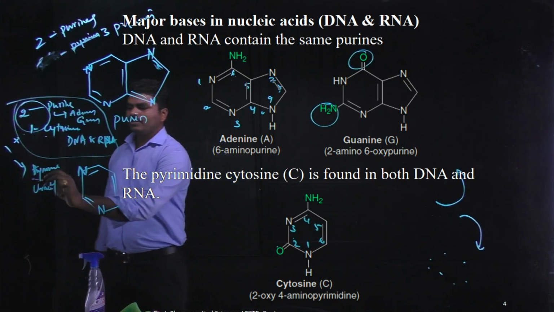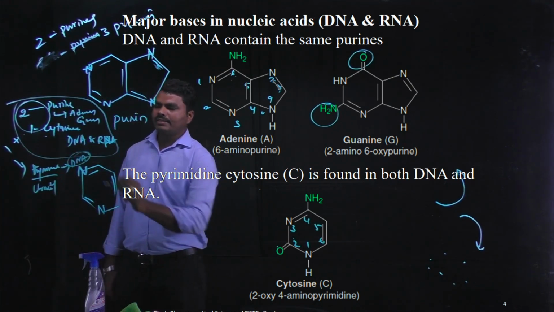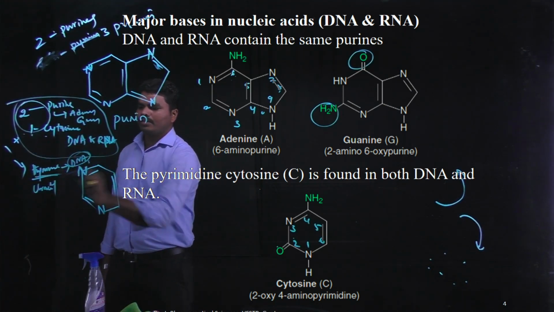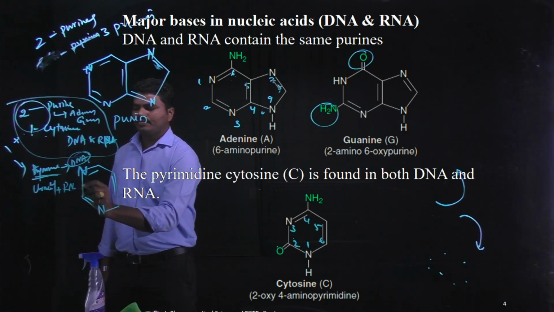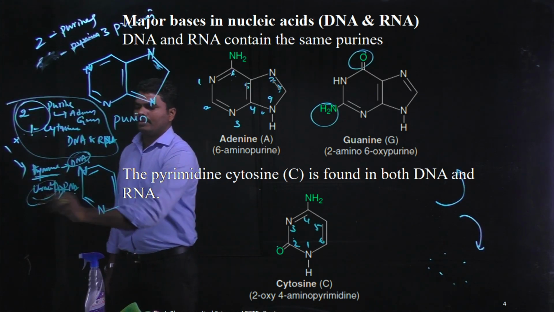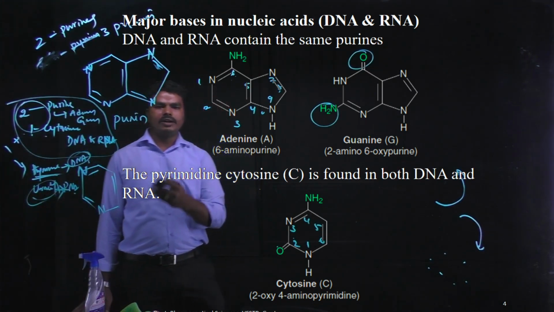When thymine is present, the nucleic acid is DNA. If it is RNA, the second pyrimidine base is uracil. So based upon that we can characterize whether it is RNA or DNA.